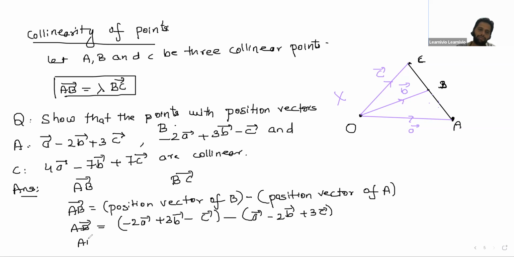So AB is equal to, solving this, minus 2a minus a, minus 3a, plus 3b plus 2b, plus 5b, minus c minus 3c, minus 4c. Now similarly, Huzefa, find BC, and then check whether AB is lambda times BC or not.